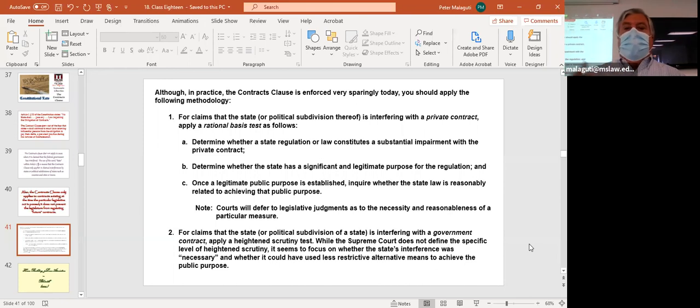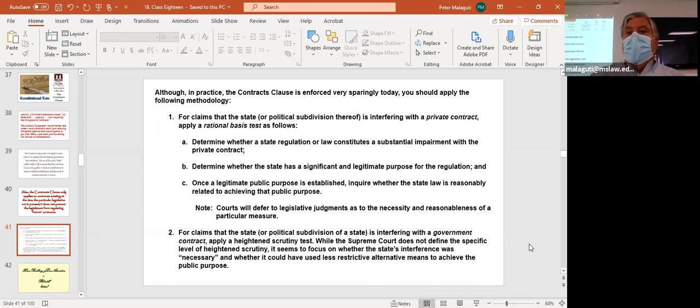If the state interferes with a private contract, there's essentially, the court doesn't call it this, but there's essentially a rational basis test. I wish the Supreme Court would have a more particularized test here, like we just discussed. It gives us language that sounds like rational basis, but doesn't come right out and say it, okay? So one, determine whether a state law or regulation constitutes a substantial impairment. Notice how the word substantial is essentially written into the contracts clause.